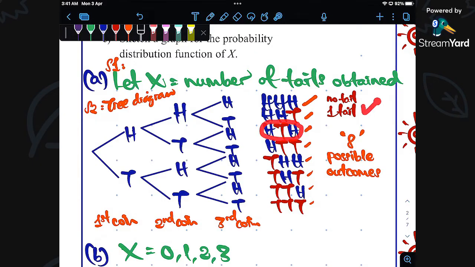So there is also 1 tail. Then head, tail, tail. Oh wow, there are 2 tails now. And then tail, head, head, 1 tail again. Tail, head, tail, 2 tails. Tail, tail, head, 2 tails again. And the last outcome is all tails, which is 3 tails now.